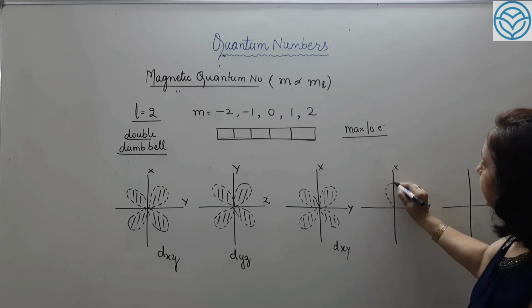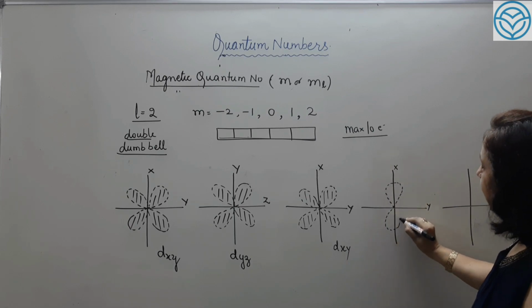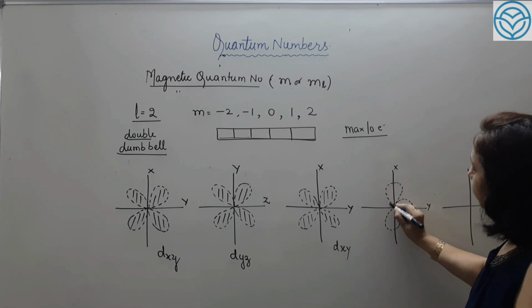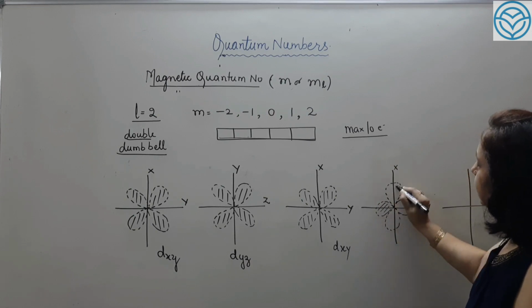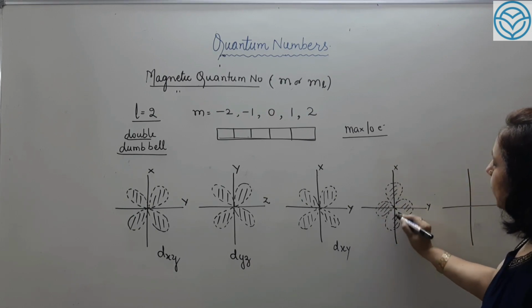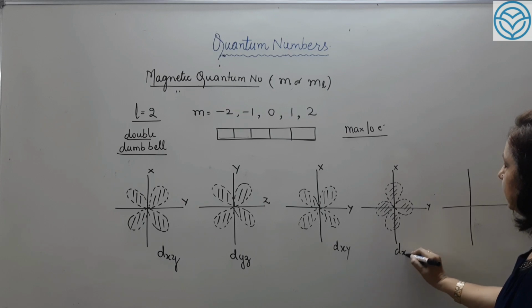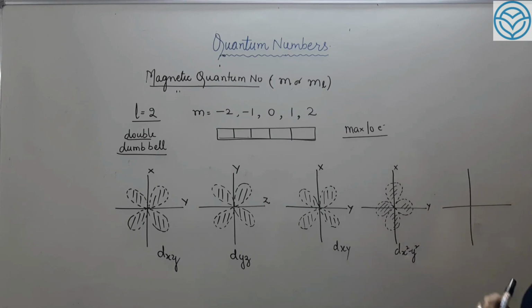But if you draw the double dumbbell along the axis, this is now dx square minus y square, and then one dz square. It is drawn like a dumbbell along the z axis, and then you have a ring of electron cloud which is going to be on the xy plane.